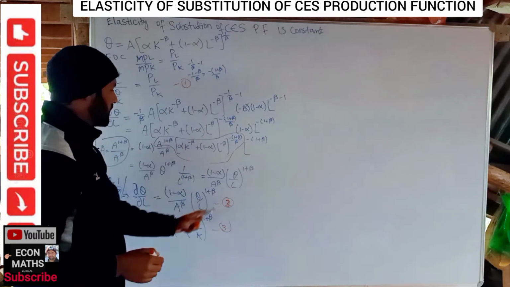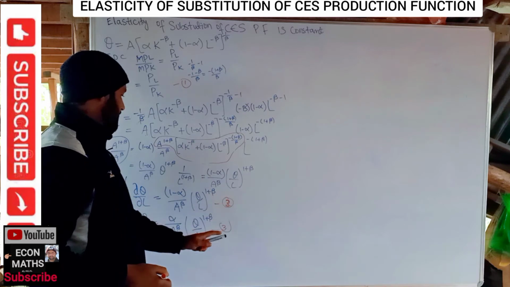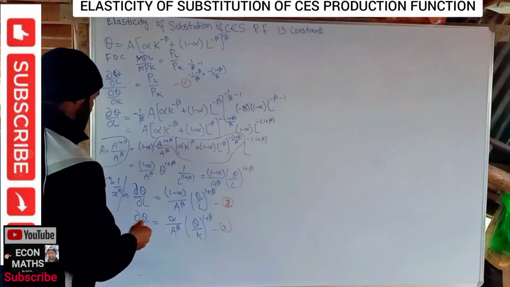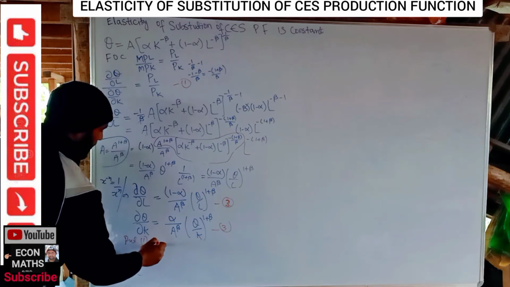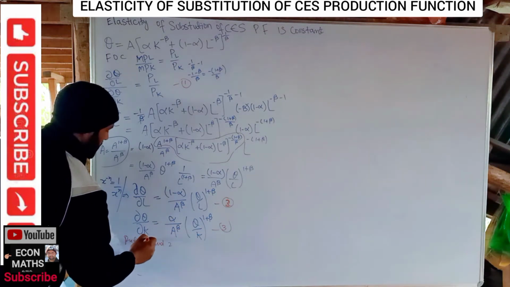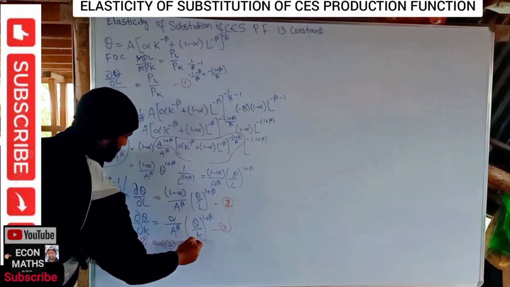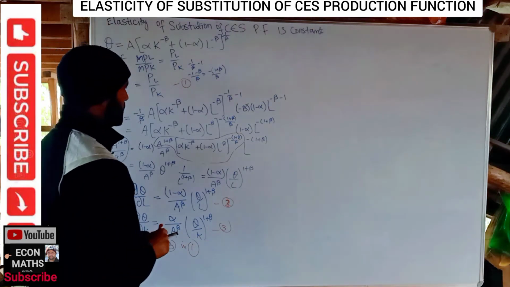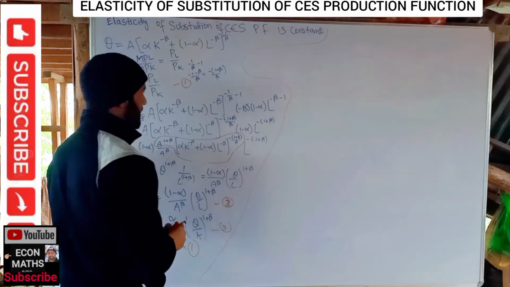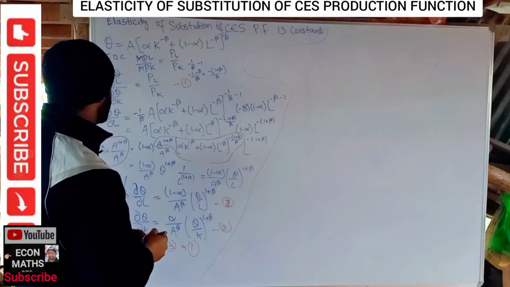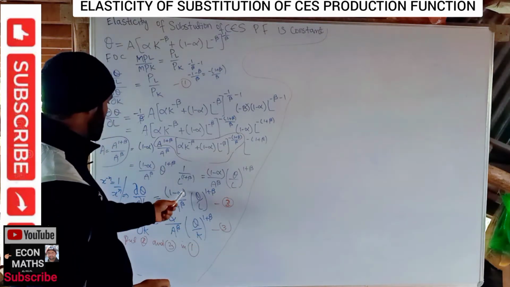Now inserting the value of equation third and second in equation first, that is put equations 2 and 3 in 1. That means we can write dQ divided by dL. In place of them we will write these very expressions.